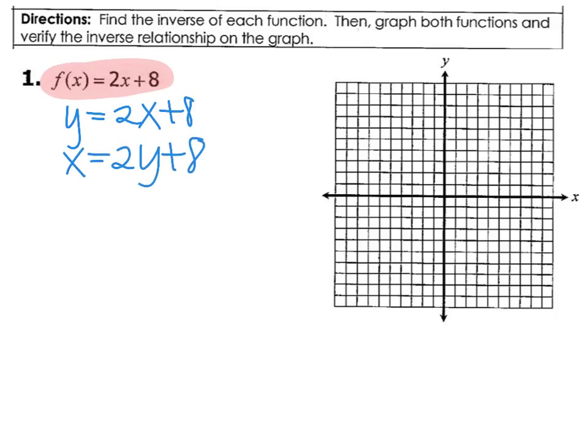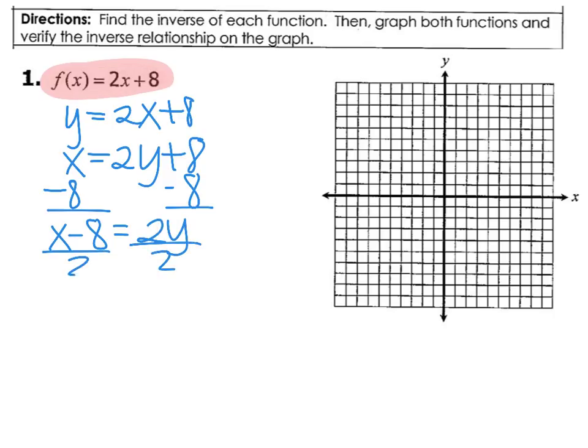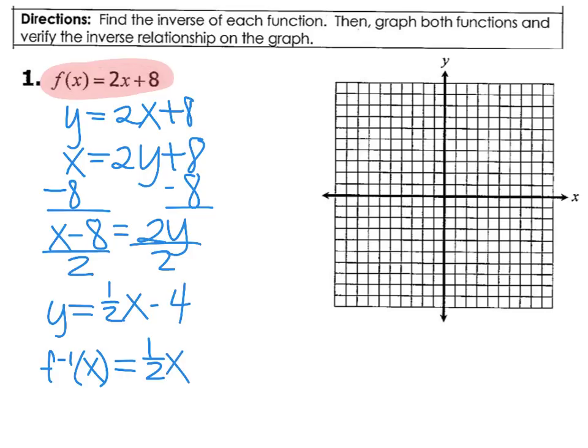Now we want to get y by itself, so subtract 8 from both sides. Divide both sides by 2. So we're going to end up with y equals 1/2 x minus 4. Then we want to replace our y with the inverse of the function equals 1/2 x minus 4. And that is our inverse of our function.